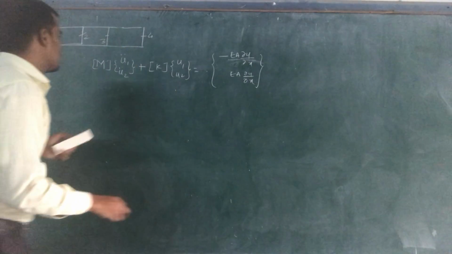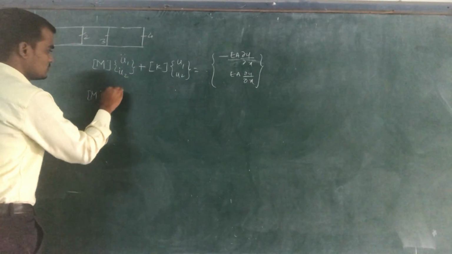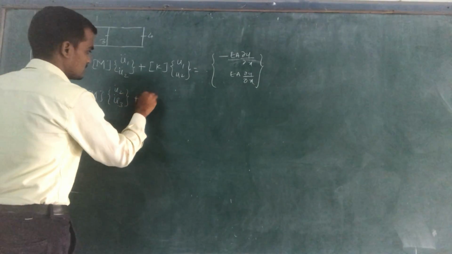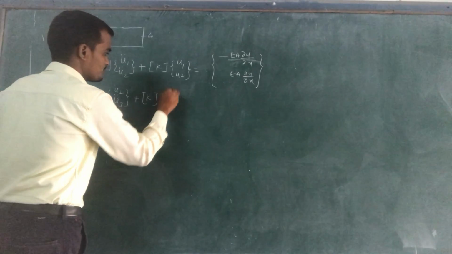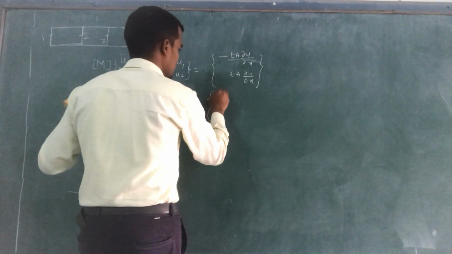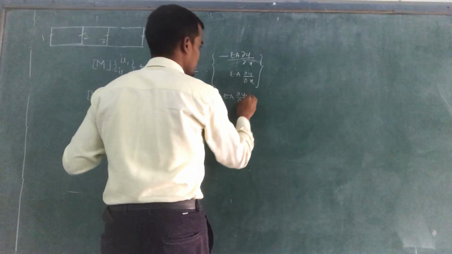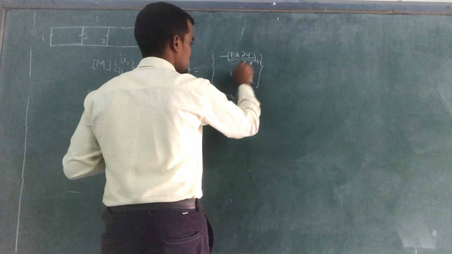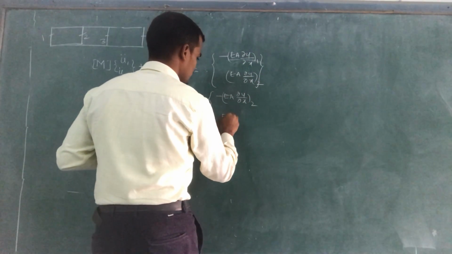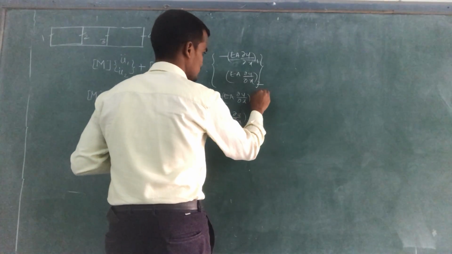Then for the second element we can write the same: the mass matrix into u2 double dot, u3 double dot, plus the k matrix into u2, u3, is equal to again minus EA dou u by dou x for the second node and EA dou u by dou x for the third node, the boundary condition.